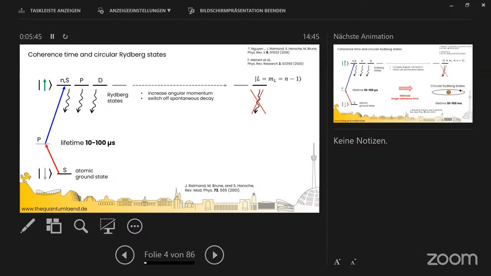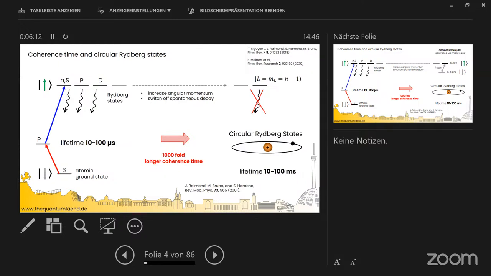That means that the angular momentum quantum number l and its projection m_l are maximized. So if you were to draw the orbit of such a Rydberg electron, it's really a Bohr-type planetary orbit. It really looks like a circle around the core. That's why it's given the name circular Rydberg state.